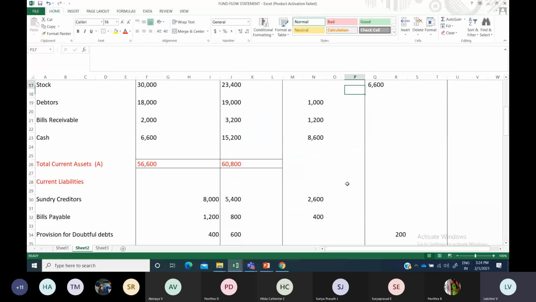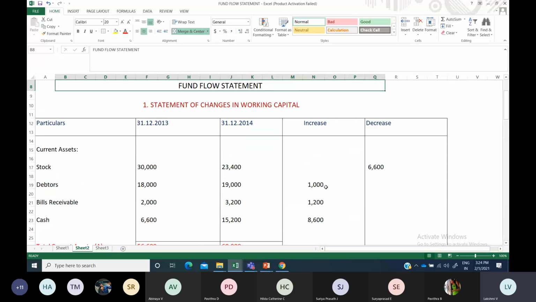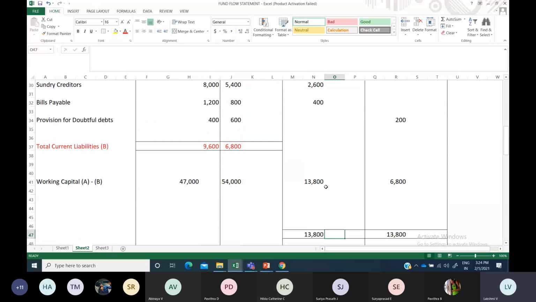So if you see, total of increase column is 13,800 and total of your decrease column is 6,800. So the highest amount is 13,800. So both these columns I am writing, that how usually you balance your account in that same manner you have to do it out. So if you put here 7,000 extra, 6,800 plus 7,000, if you balance and see, you will be getting this 13,800.